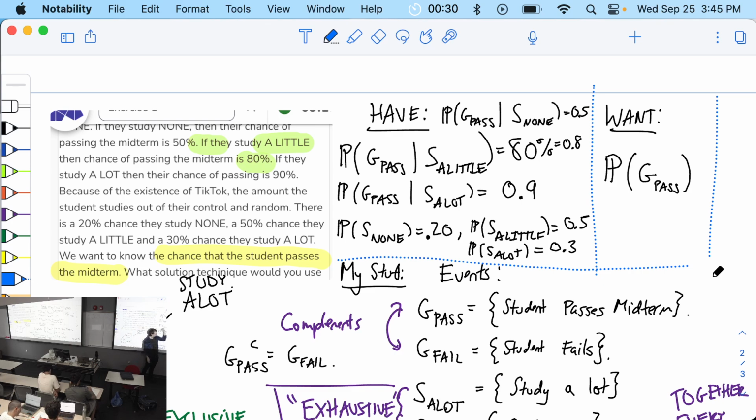So S none, S a little, and S a lot, we just know their total values through the whole probability space. You'll see that these total things will be the first layer in our probability tree, and then these will be the second layer, depending on what happened in the first layer. So that's how probability trees combine this stuff. We'll also see it visually with a Venn diagram, so maybe it'll make more sense then, if it doesn't yet.